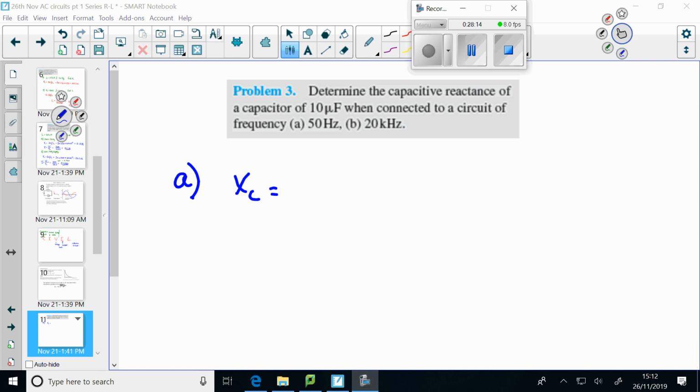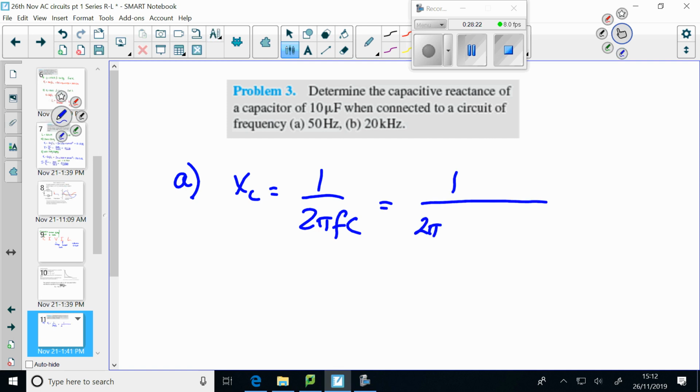Part A, XC, 1 over 2 pi FC. That's 1 over 2 pi times 50 times 10 times 10 to the minus 6 per micro. 318.3 ohms.